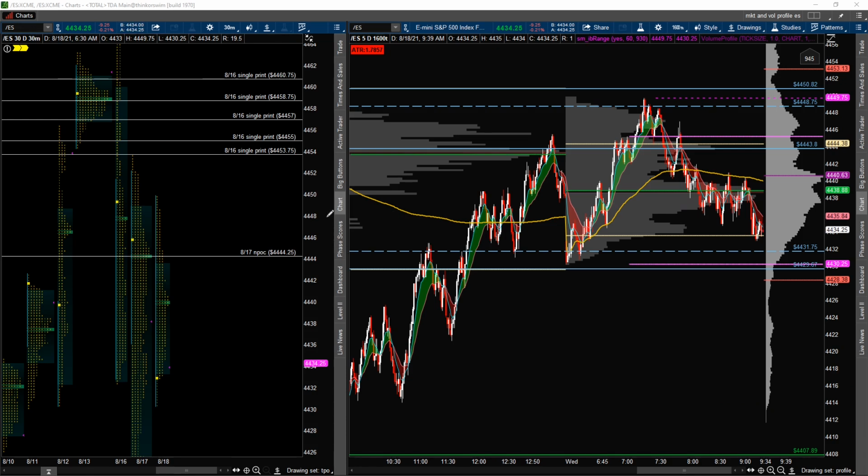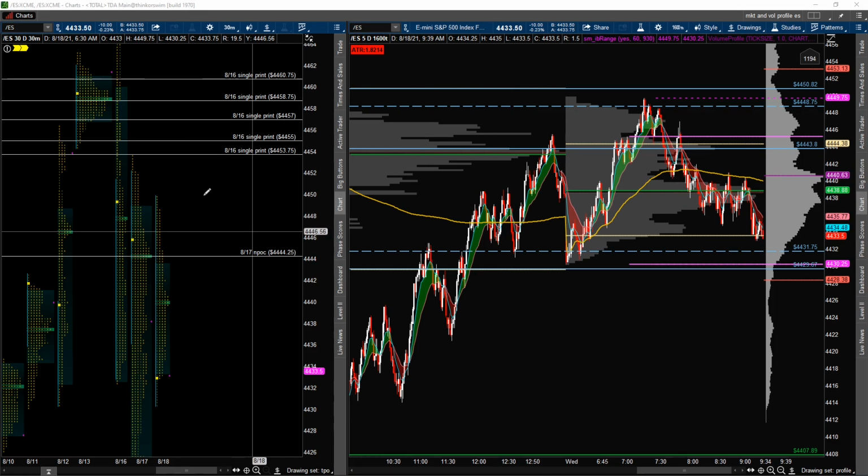And switching over to the ES, the E-mini S&P 500 futures, looking at the profile chart, you see so far we are essentially trading inside the IB range and haven't done anything yet other than tagging yesterday's point of control.